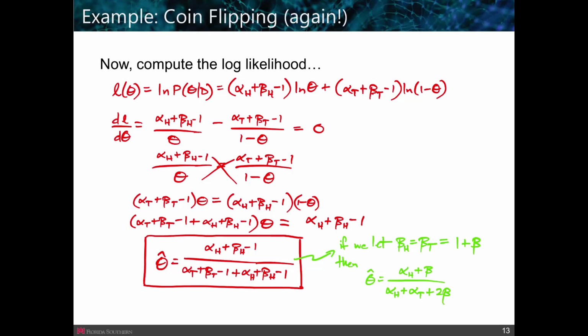Hopefully you can see that the minus 1s are going to get canceled by the plus 1 in the form 1 plus beta, so that our final result looks a little simpler. And this makes a little bit more sense in terms of describing it as the actual data plus our virtual data divided by all of the data, real or virtual, that we've seen.